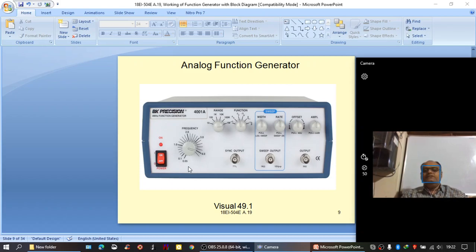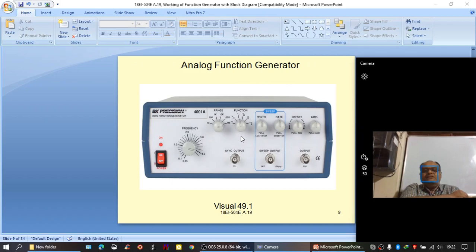Here it is 0.05 to 4.0. And a range switch is provided here, multiplied with 10, multiplied with 100, multiplied with 1K, multiplied with 10K, multiplied with 100K, and multiplied with 1 megahertz. So the range of frequencies produced by this instrument is very large when compared with the previous instrument.